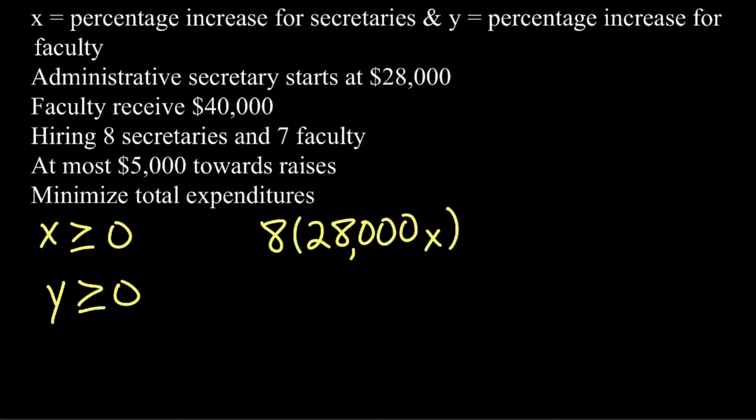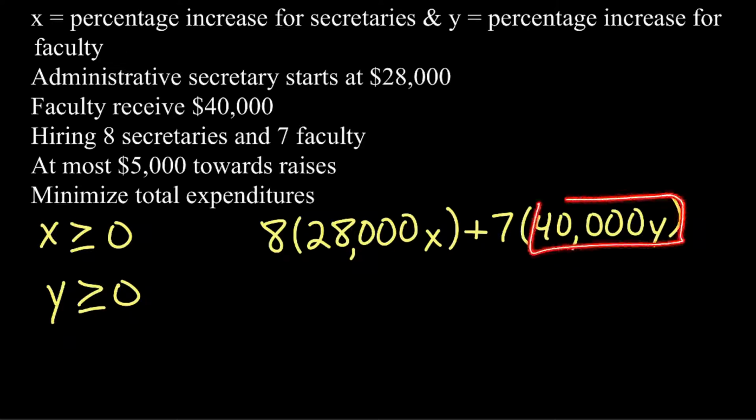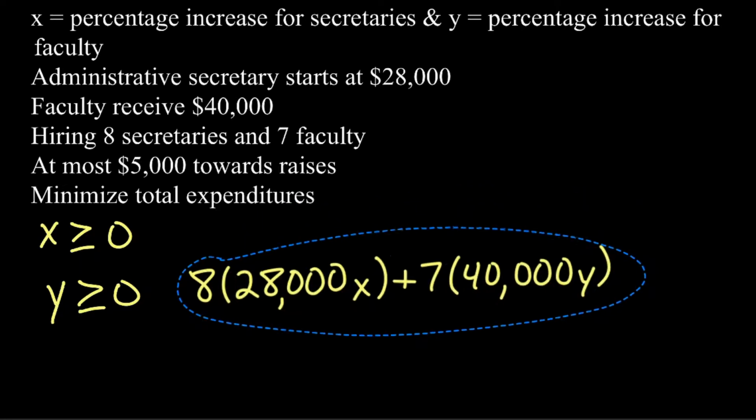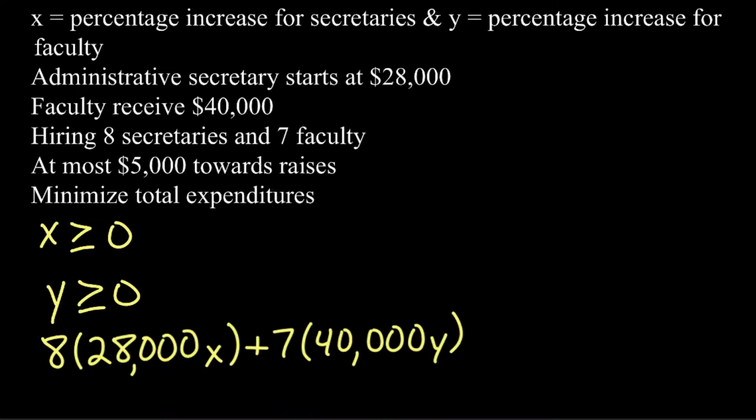And now we can think of the same thing for the 7 faculty members. They have a starting salary of 40,000, and we're going to multiply that 40,000 by the percent increase, and this will give the amount of money that we are increasing the faculty members' salaries by.